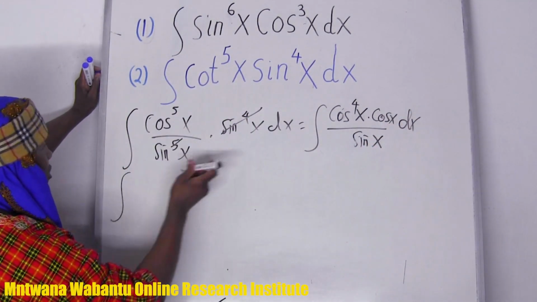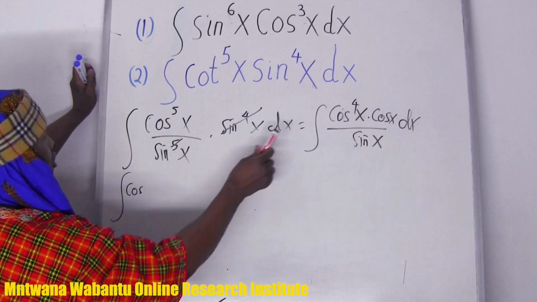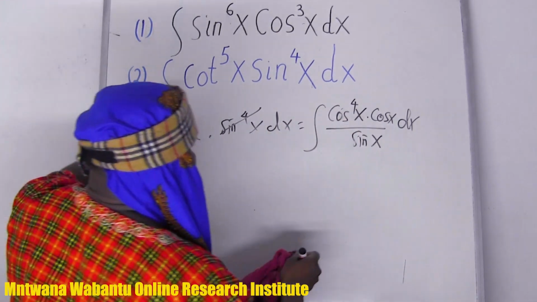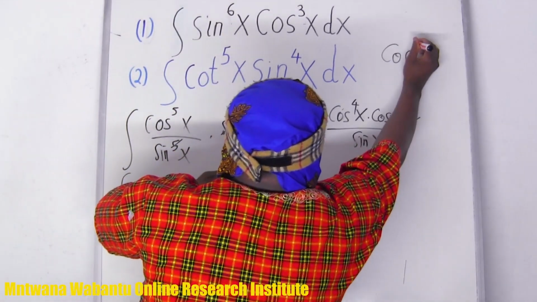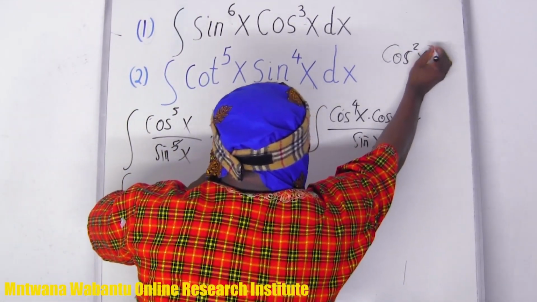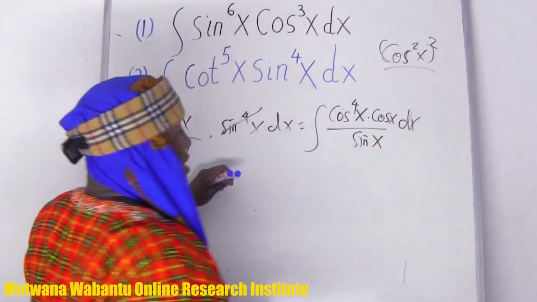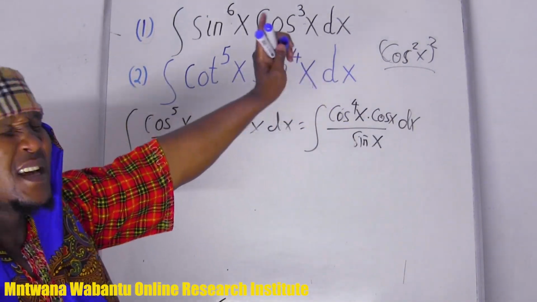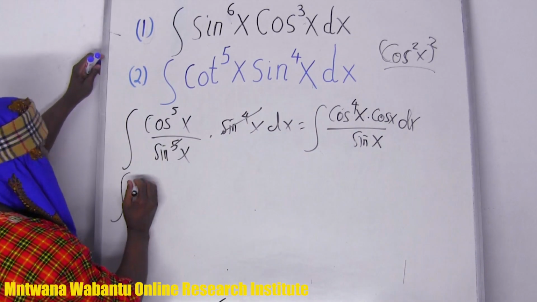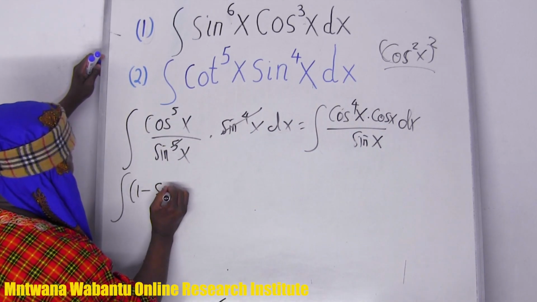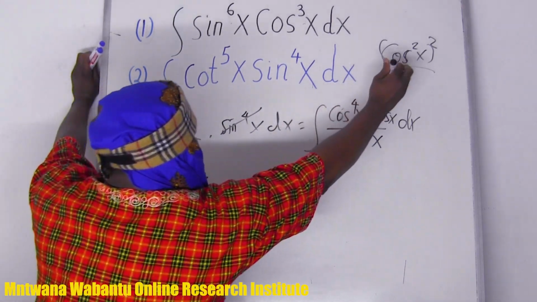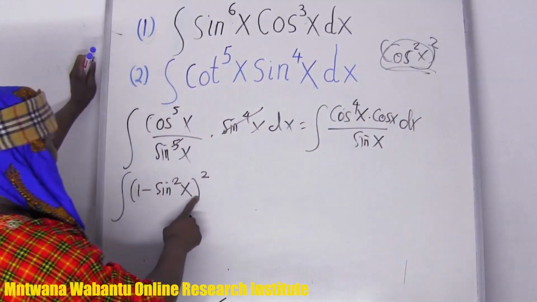Cos power 4x is the same as cos square x, squared. From the trig identity, cos square equals 1 minus sine square x, and then squared.